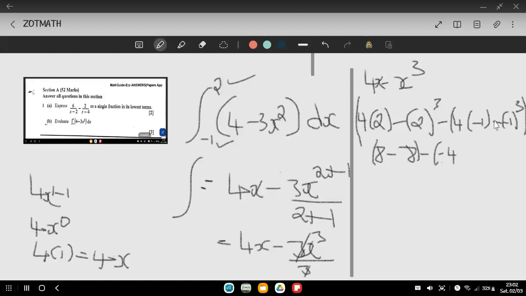Now this negative, after -1 has multiplied with itself to the power 3, what are we getting? -1 multiplied by -1 multiplied by -1. -1 times -1 is +1.